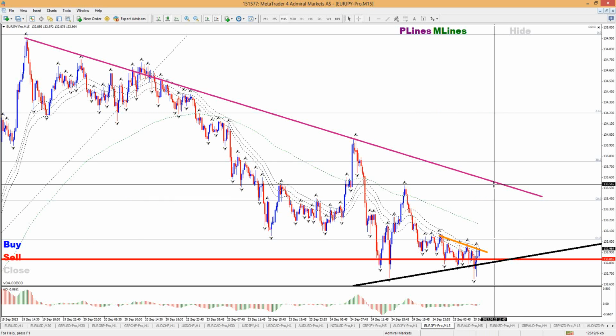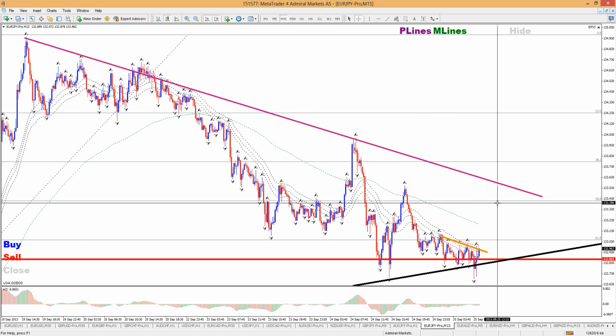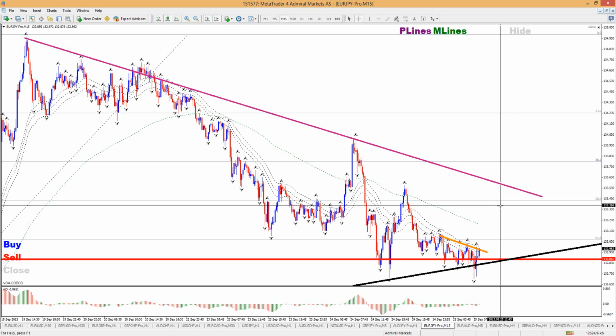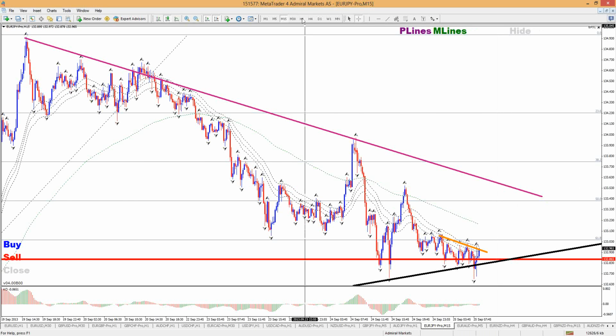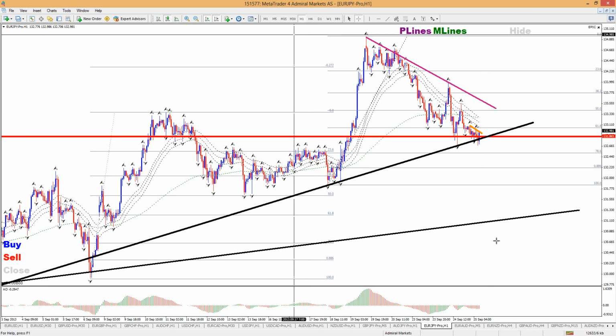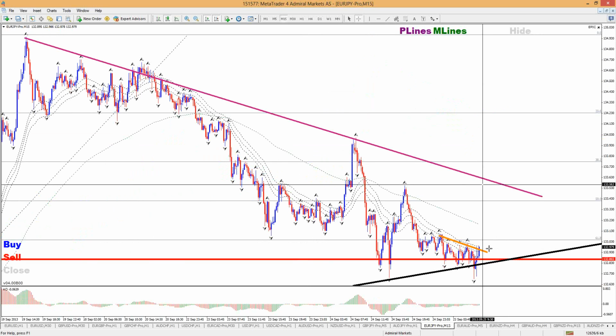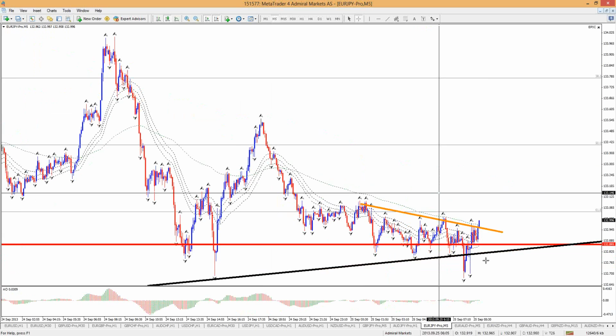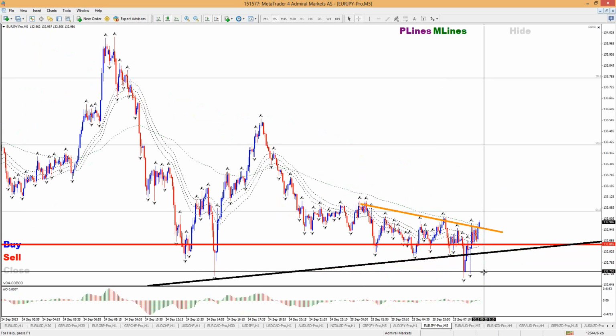The target would be, let's take a look, anywhere around 133.50 probably. It would require a stop loss below 132.70, which would be about 30 or so pips.